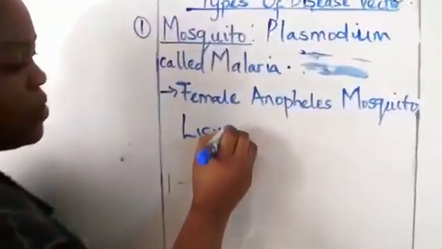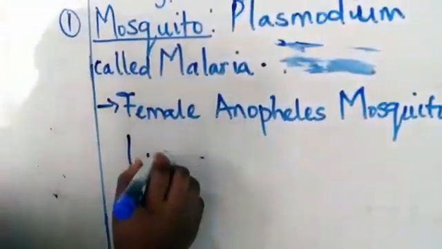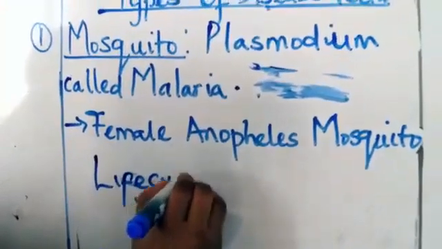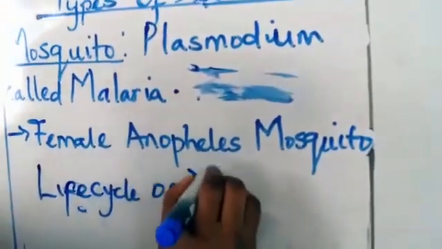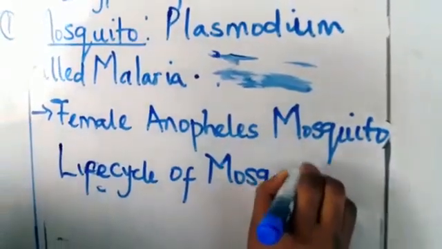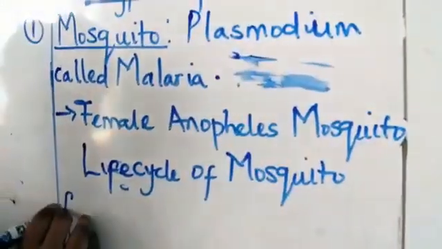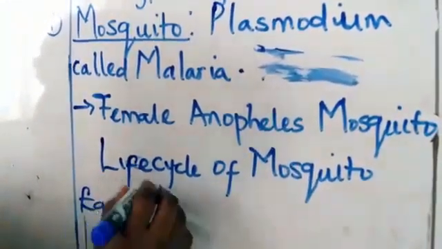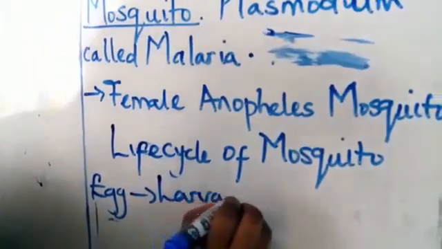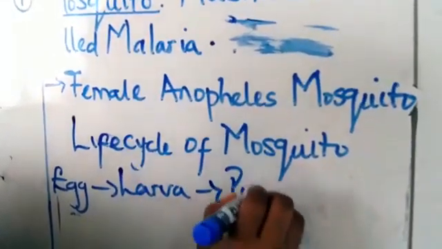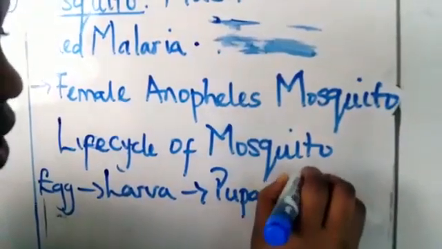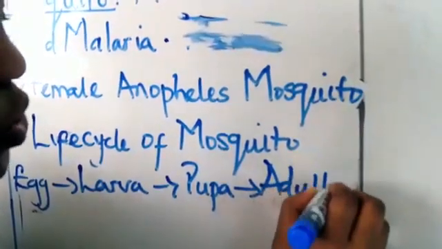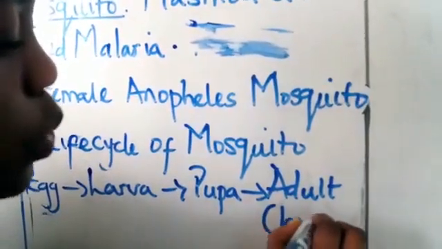So the life cycle of a mosquito is from the egg, the larva, the pupa, and to the adult, which we also know as imago.